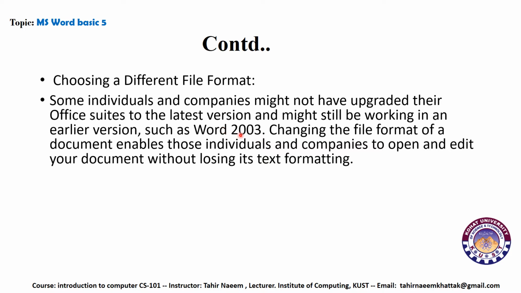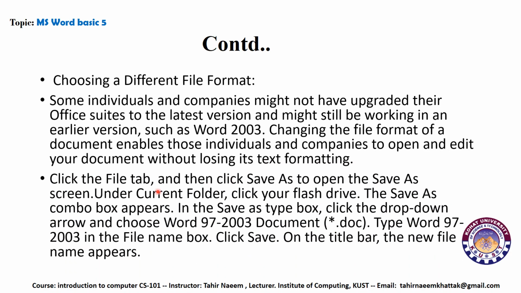If you are working on 2016, then you have to save the file in the 2003 compatible format, because if you bring this on a flash drive to your local laptop which has 2003 installed, then it will not lose its text formatting. So how will you do it?